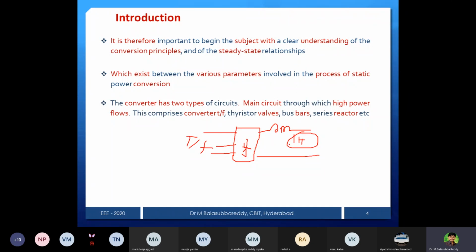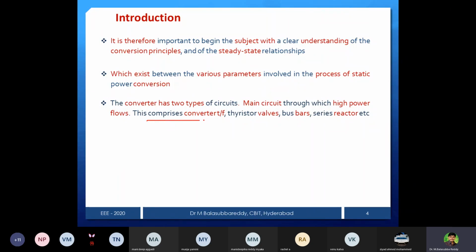For small ones, 0.01 millihenry and so on, we get a little bit larger size, but you can imagine a 1 Henry inductor is very large, so the output voltage will remain constant and the ripple can be minimized. That is the reason. We also observed in the previous case the effect of that large inductor on the load side, which is in series with the converter, and we call it a smoothing inductor. So these are the components we have: transformer, valves and bus bars, and then series reactors.